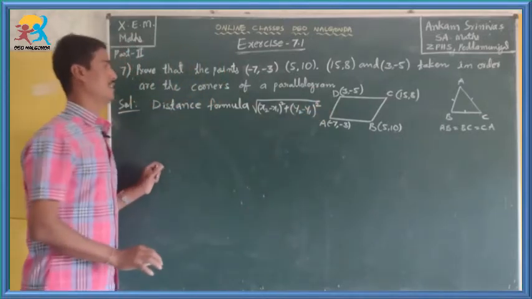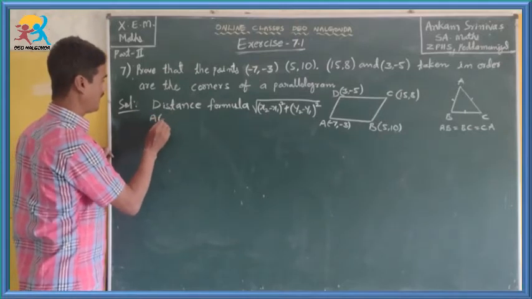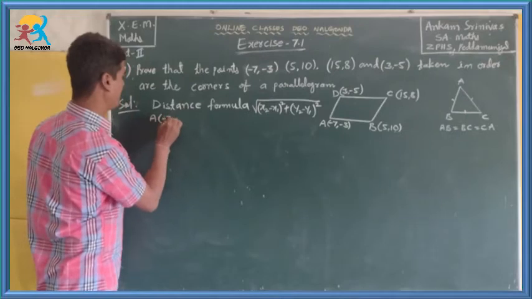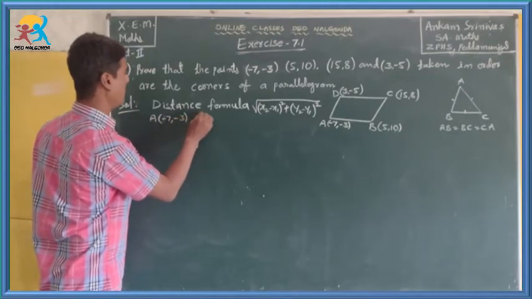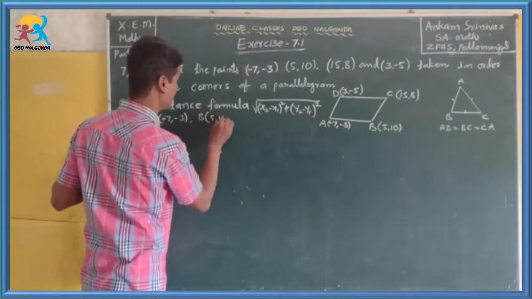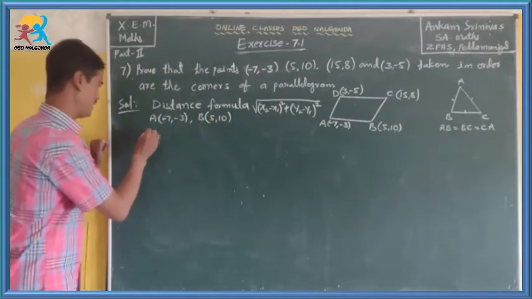Dear children, here you take first AB. A minus 7 comma minus 3, B, what is B? 5 comma 10. Find the length of AB.